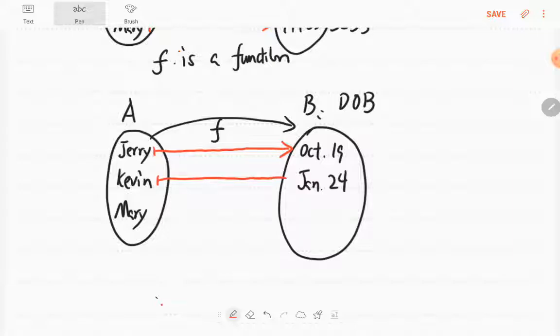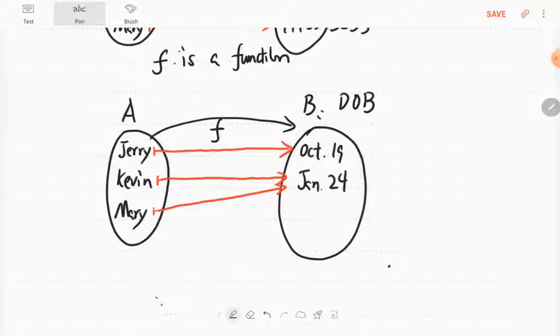Kevin's birthday is January the 24th. Mary's birthday is also January 24th. Although Kevin and Mary have the same output, it still satisfies the definition of the function, because it only maps one element in A to one and only one element in B. We didn't say the outputs must be different. It could be the same.